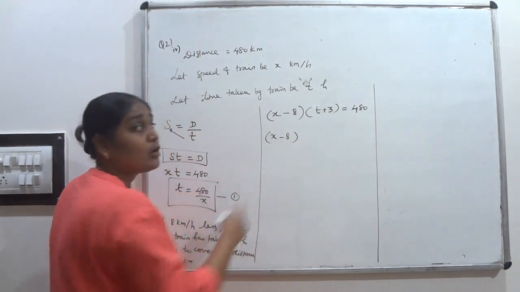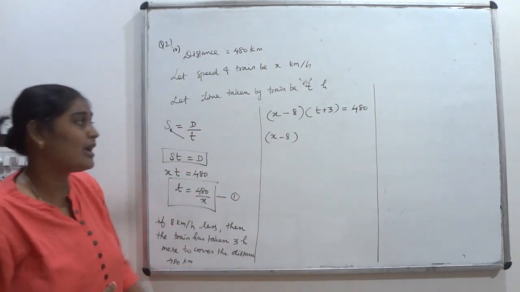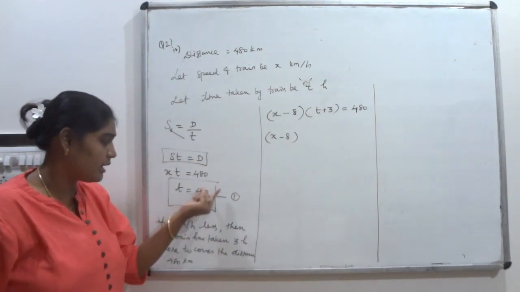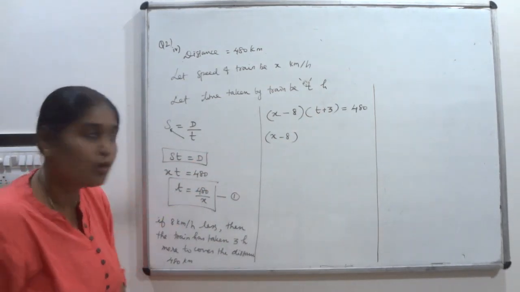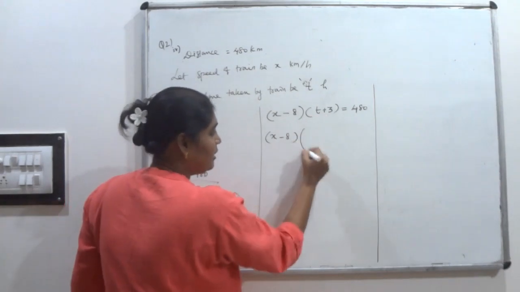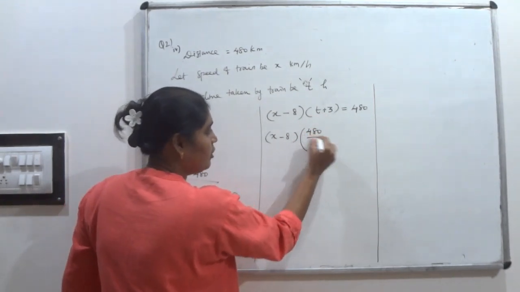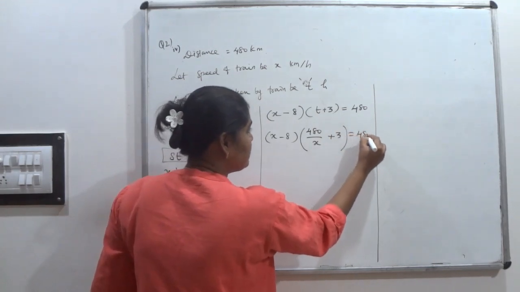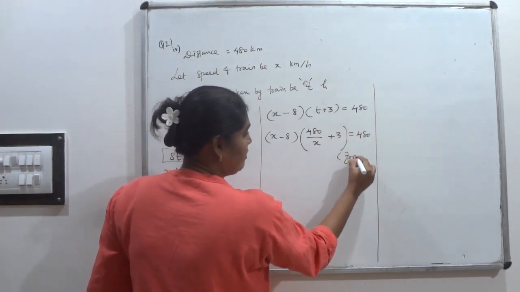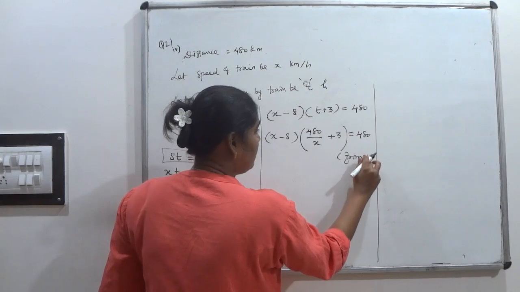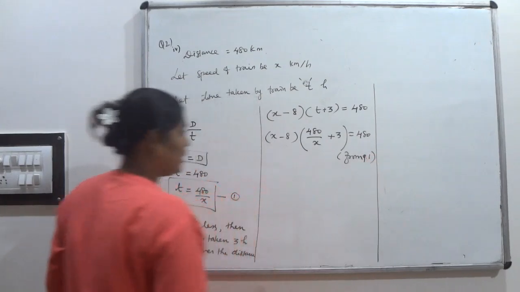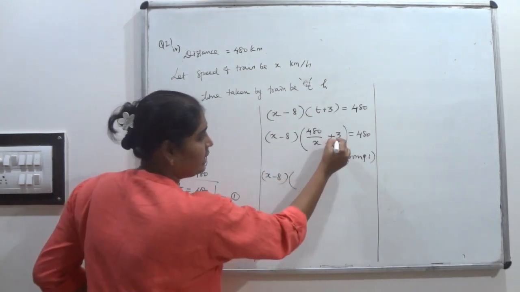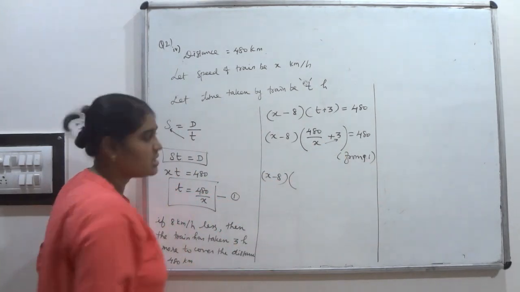I want to make a quadratic equation here. That's why I have to reduce t. See, t I have taken as 480 upon x. So I am going to put in place of t, 480 upon x plus 3, which is equal to 480. Write it here in the bracket from equation number 1. x minus 8, and here take the LCM because the denominators are different.